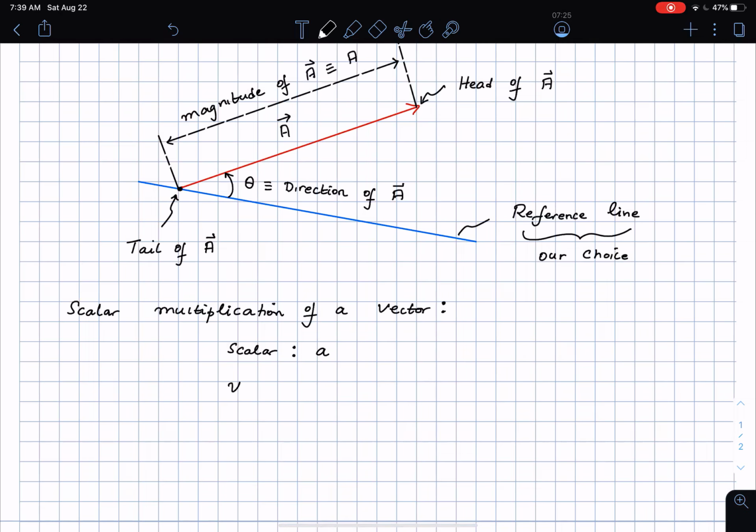Then I take a vector, which is, let's say, capital A, and I want to know what is little a times vector A. And the more discerning of you will say that, hey, this is vector B. Because the basic idea is that I take a scalar and I take a vector, and if I multiply them, I get a vector in return. Okay, so scalar multiplication of a vector gives us a vector.